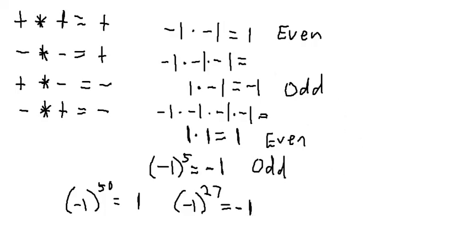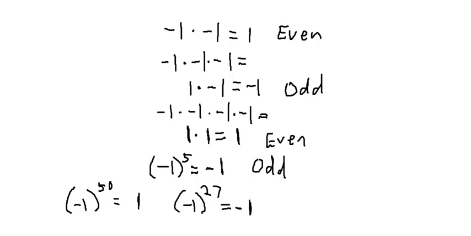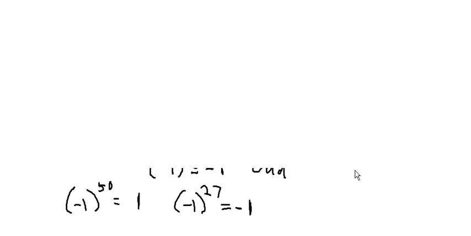That way, when you're looking at various problems out there, let's say you have -2 times -3 times -4 times 2. Well, I already said do it one at a time.